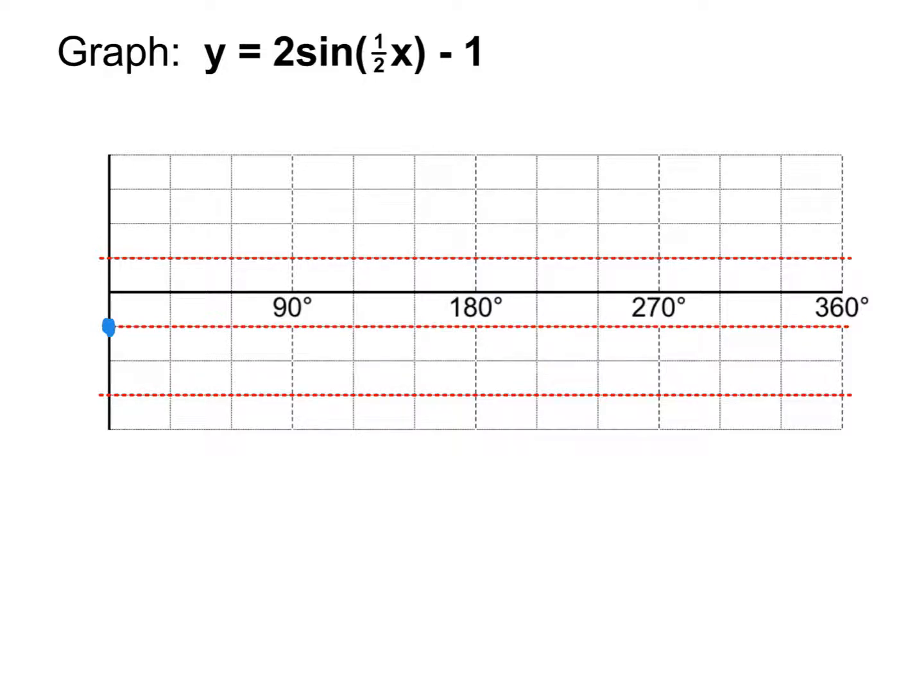So my next point goes at 180 degrees, and then my next point after that would go at 360. So then this is what our graph would look like, at least between 0 and 360. Notice we're only seeing half of one cycle. Remember, that's what that number that's multiplied by x or theta means. It means this is how much of a cycle we can actually see when we go between 0 and 360.